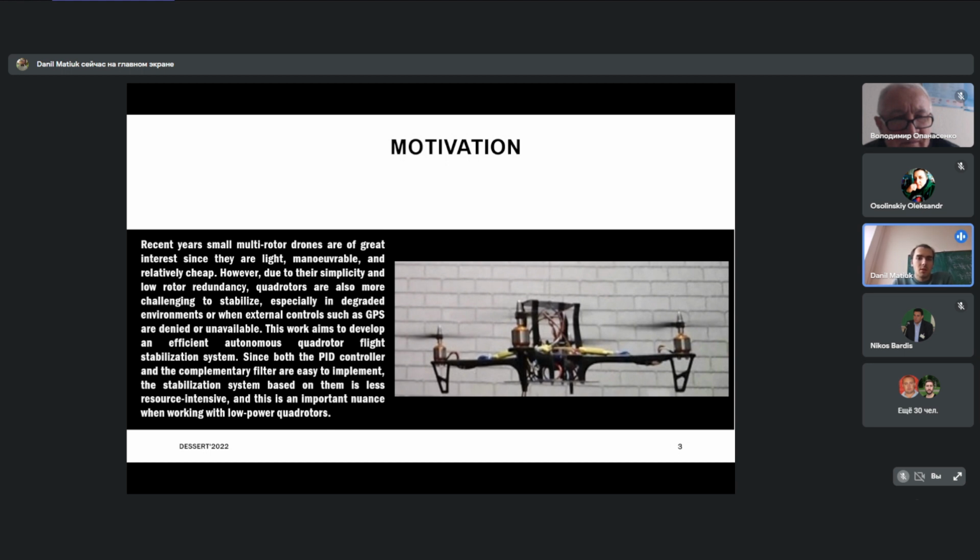For this reason, we determined that an effective autonomous quadrotor flight stabilization system requires a good solution for two tasks. First, determine the position of the quadrotor in three planes, the angle of inclination relative to the Earth's surface, and calculate the deviation from the required position. Second, apply control signals to compensate for the deviation and bring the quadrotor to the required position using proportional integral derivative control, that is, speed control.